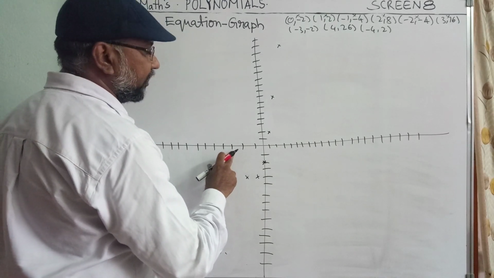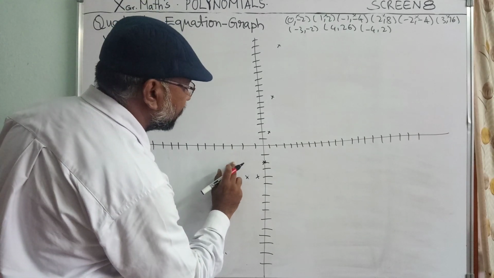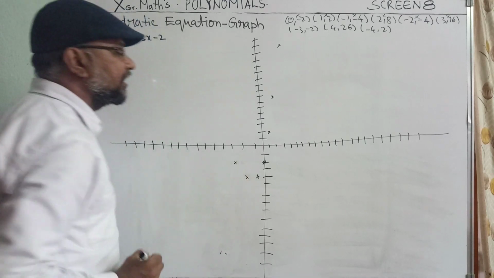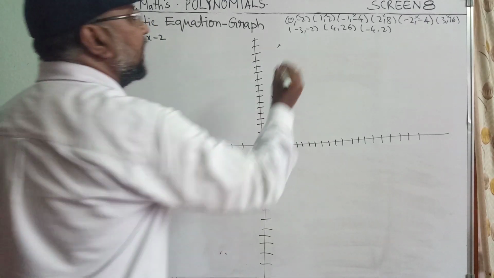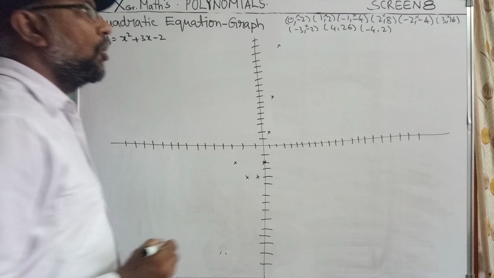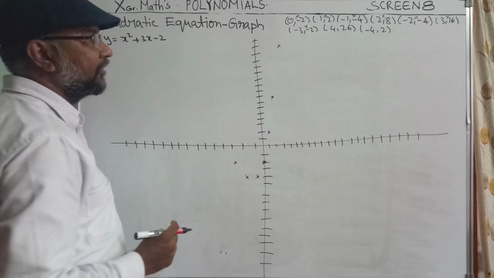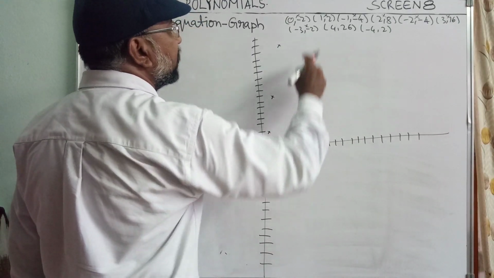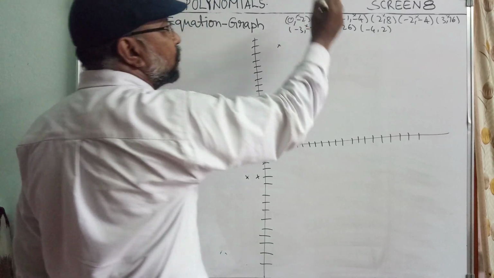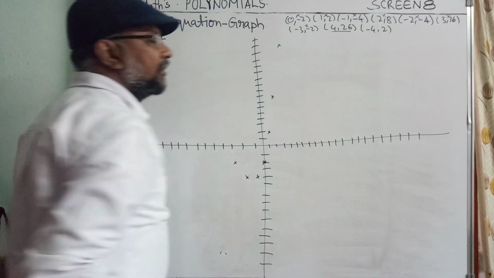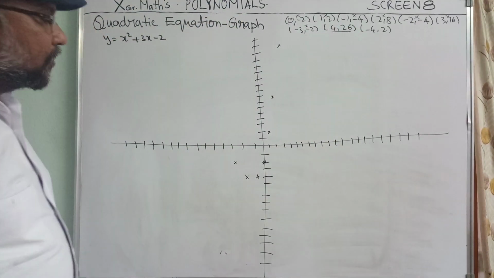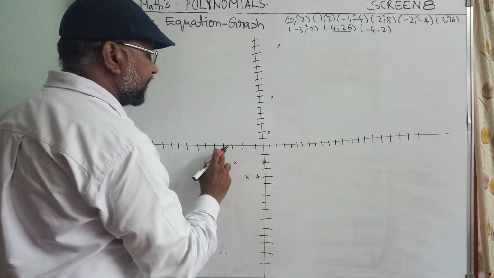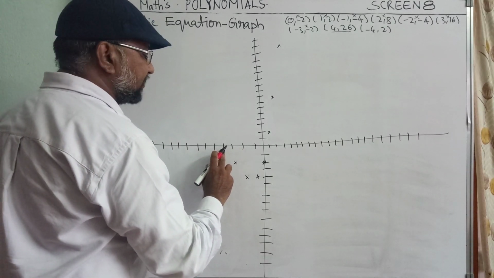This could be minus 3 comma minus 2. And 4 comma 26 is above that. I could not draw this one. And minus 4 comma 2. This is minus 4 comma plus 2.